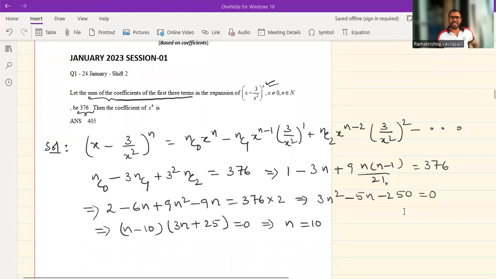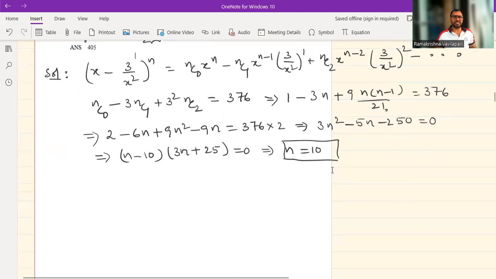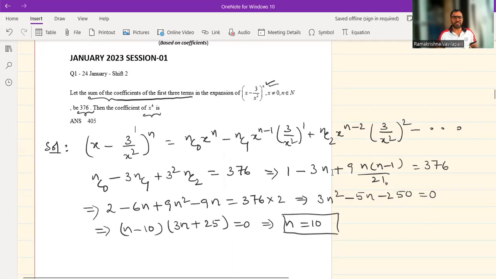So therefore, we got n equal to 10, but still the problem is not finished. We need to find the coefficient of x^4. Using this concept that r equal to (np - k)/(p + q), now we can find the value of r at which the coefficient of x^k occurs.